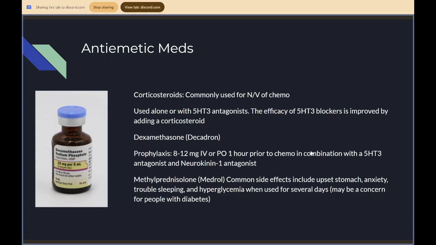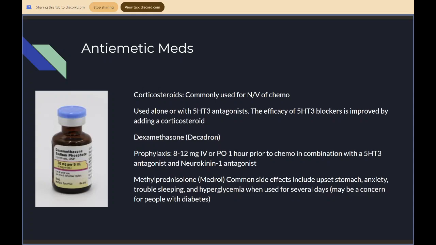All right, next we have the steroids. So Decadron, aka dexamethasone, it's used alone or with 5-HT3 antagonists. They have an additive effect, so the efficacy is improved.